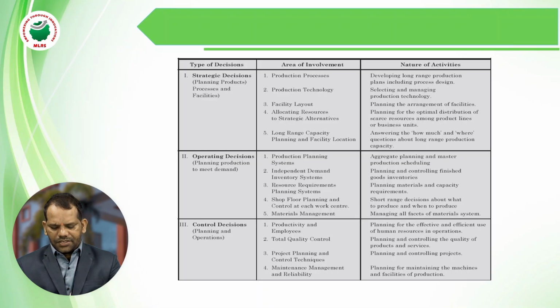Next one, control decisions. They are mainly focused on productivity. Giving the input factors efficiently, then only we can get the output in a systematic manner. So it must reduce the wastage. That's why we are appointing quality control managers. The quality control manager has to assess, analyze and verify everything within the production premises.